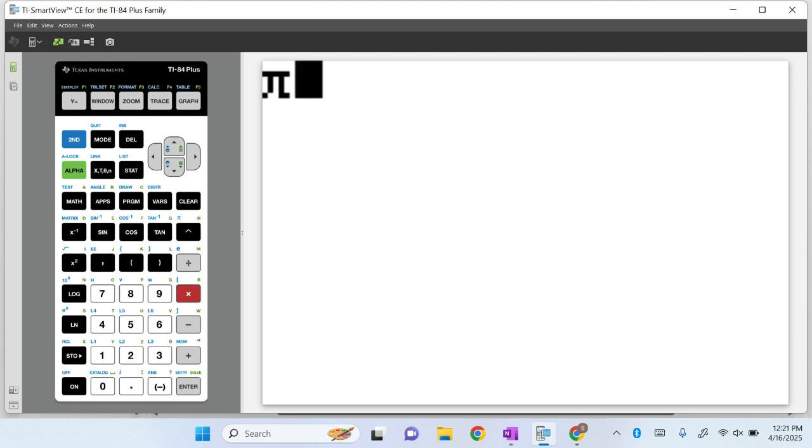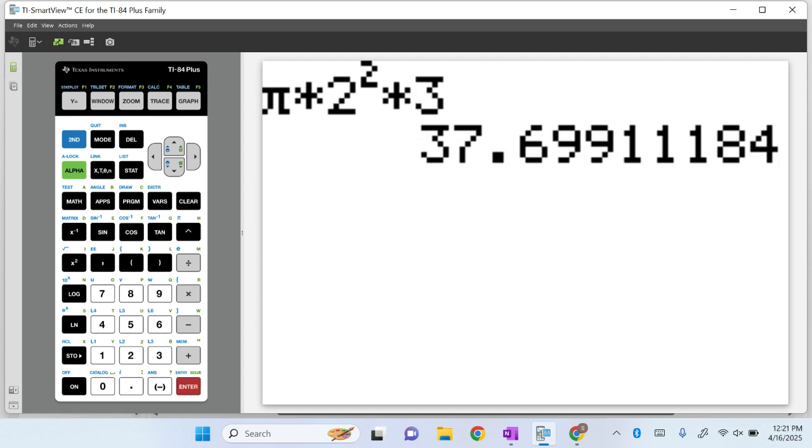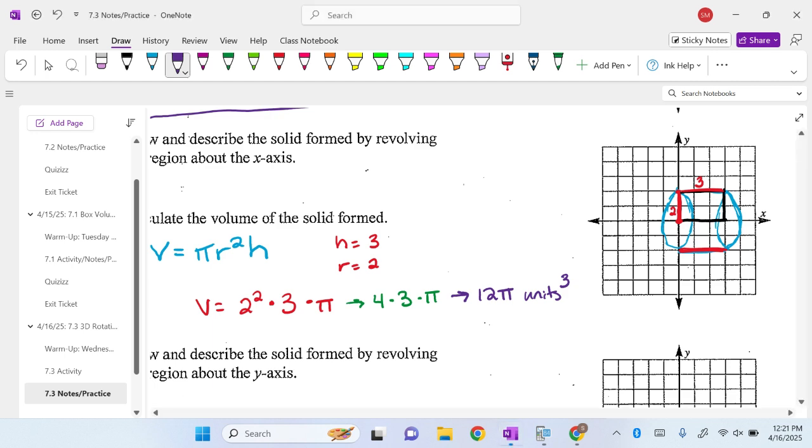So we have pi times 2 squared times 3. That would be our approximate answer. So let's say we rounded it to 2 decimal places. What would it be? Right, so it'd be 37.70 or just 37.7 units cubed.